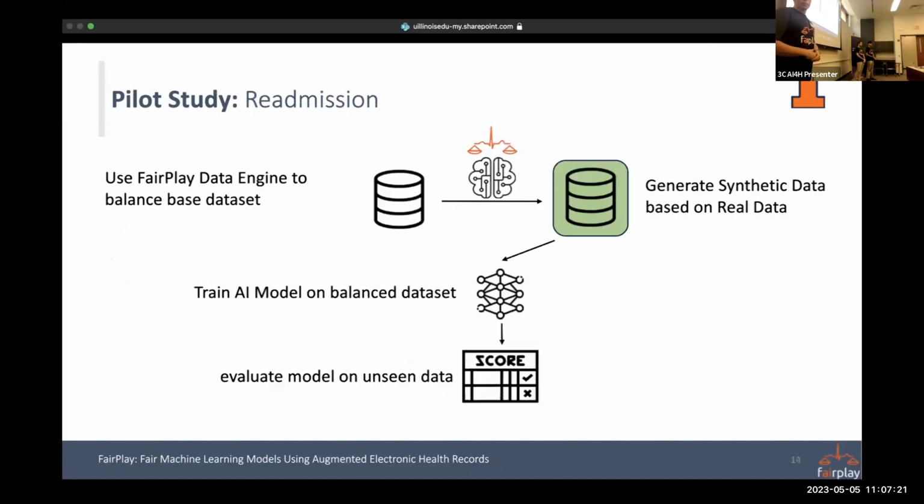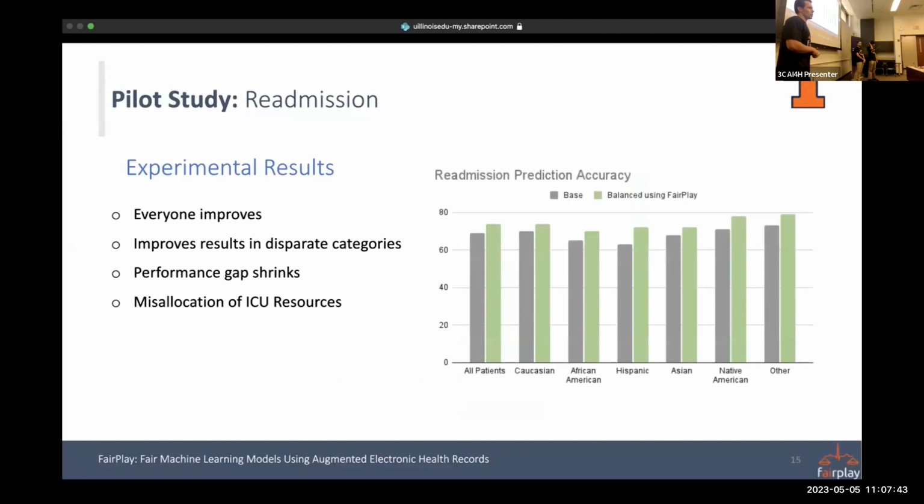To alleviate the bias within the underlying data set, we generate the synthetic data, which is supposed to fill in the gaps in that data set, effectively generating more synthetic patients from those underrepresented minority groups. And then we evaluate the data set on unseen data, so we can really just see side by side what the difference is.